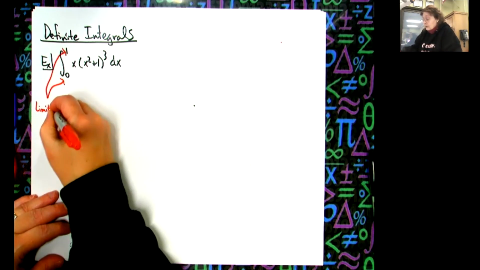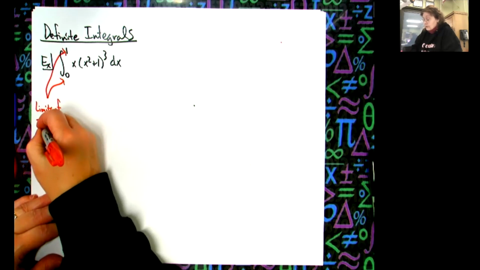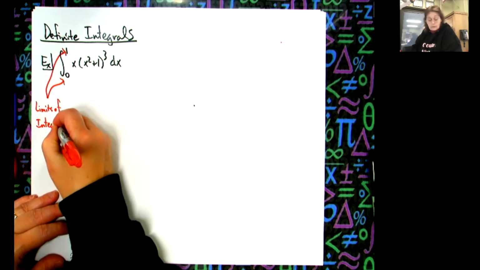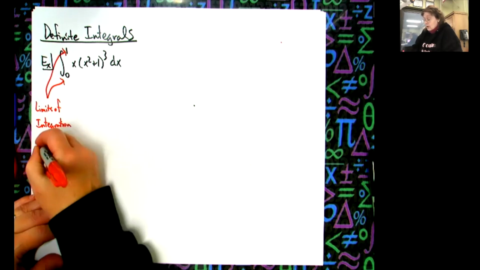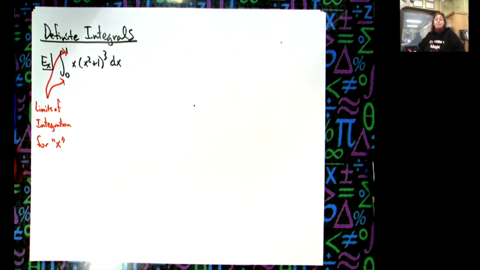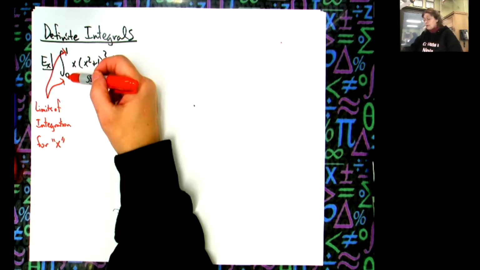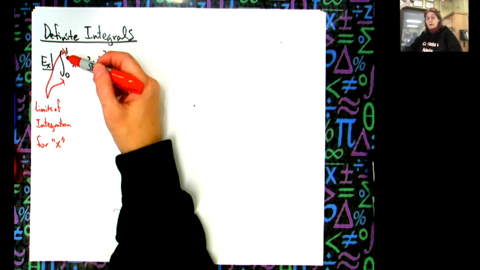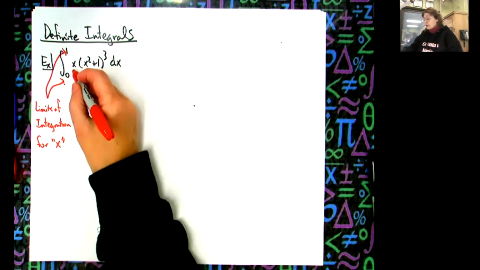Limits of integration for x. I want to make a big deal about this. This 0 and this 1 are only 0 and 1 on this integral in terms of x.